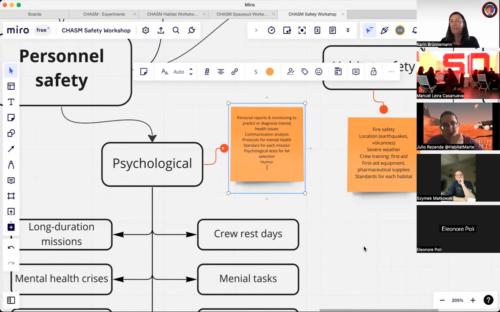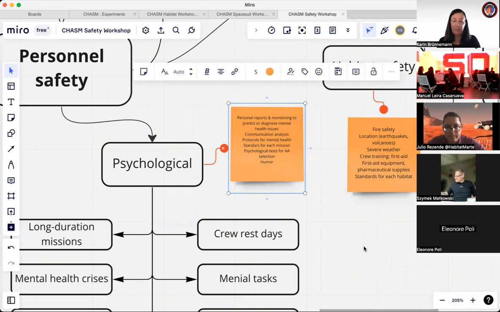The same way I would not break somebody's leg just to see if the medical procedures work in an analog mission, I would not want to trigger mental issues during a mission.